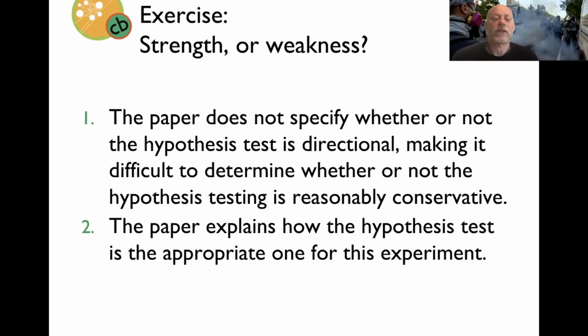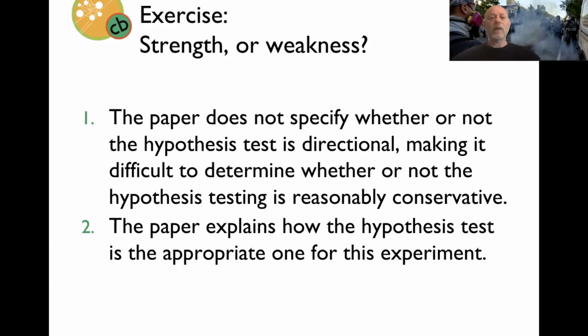Let's talk about them. Number one, the paper does not specify whether or not the hypothesis test is directional, making it difficult to determine whether or not the hypothesis testing is reasonably conservative. Now, this points out a true weakness that a paper could have, and it also explains to the authors what they might do to make the paper better.